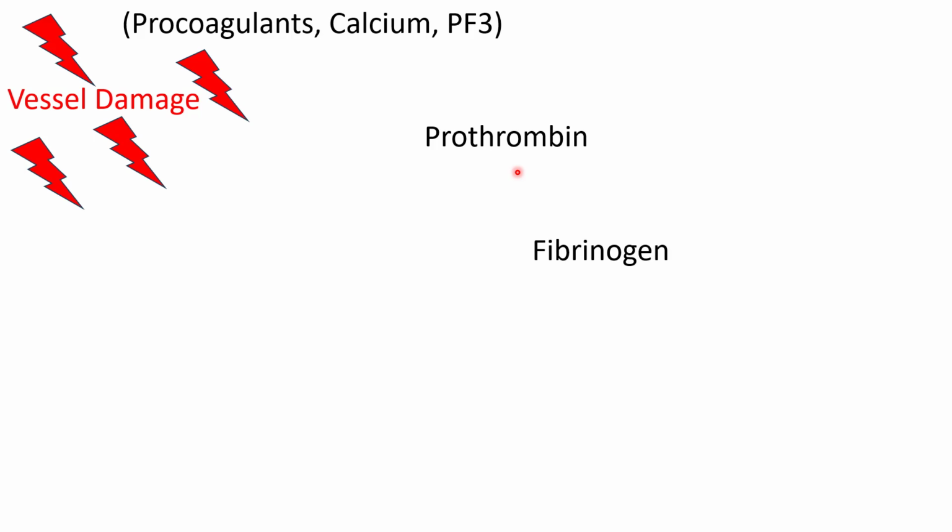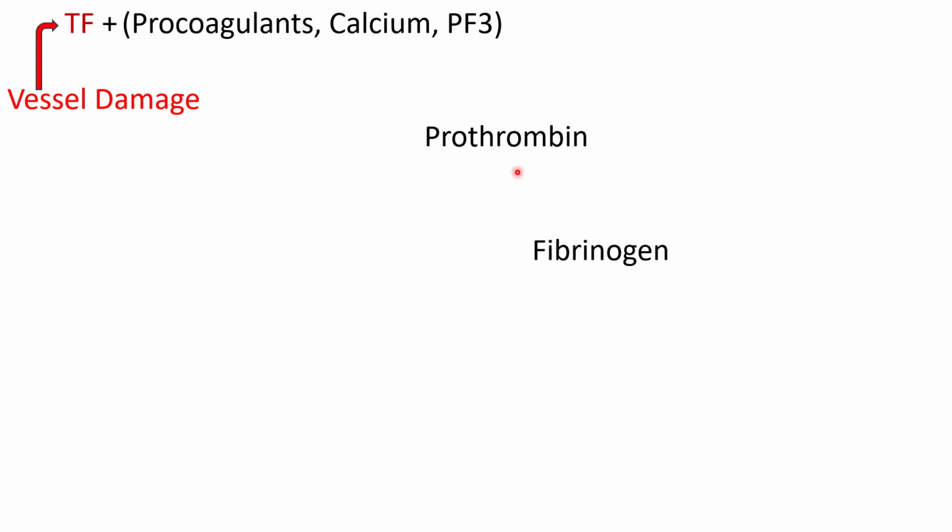When there is vessel damage, we said that one, it triggers that vascular spasm. We said that it also exposes collagen. So those things are happening off to one side, but we're looking now at that long-term fix. When the vessels and surrounding tissue are damaged, something called tissue factor is released.